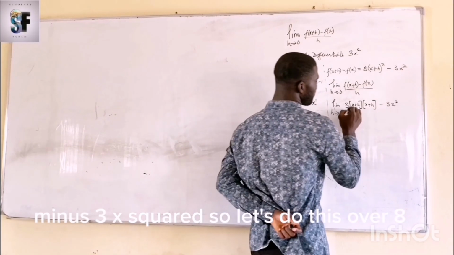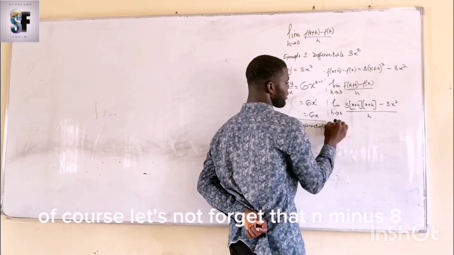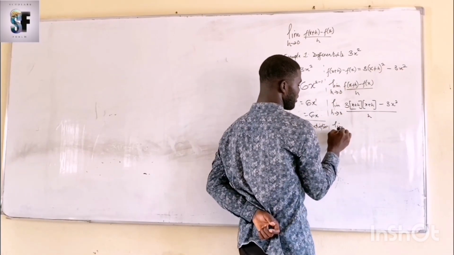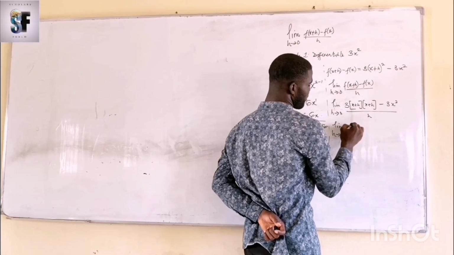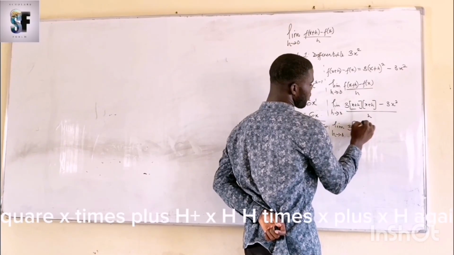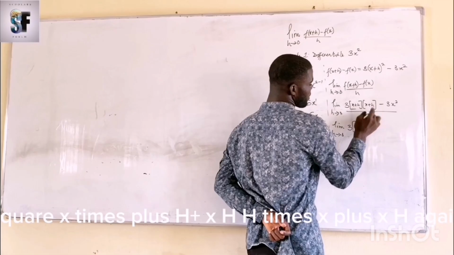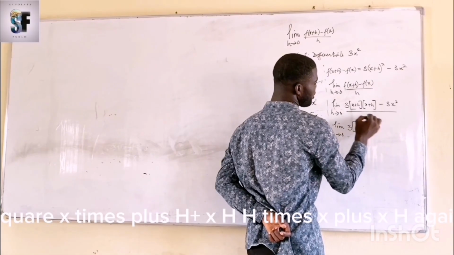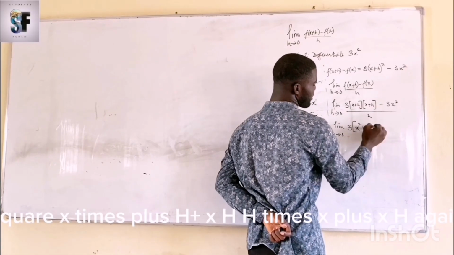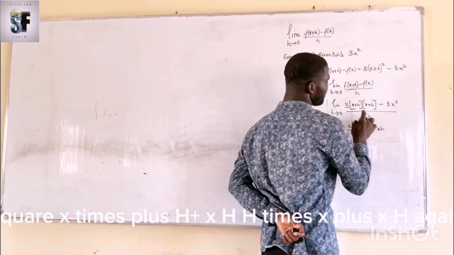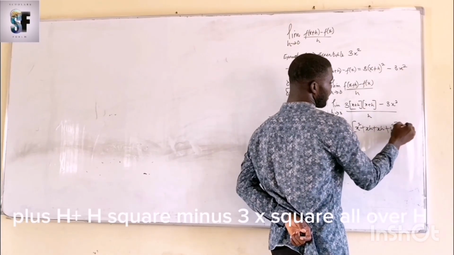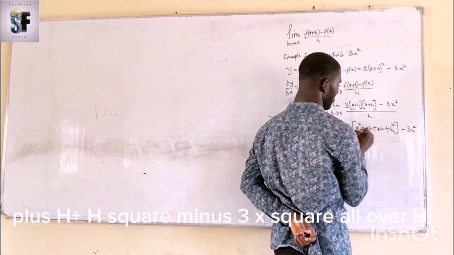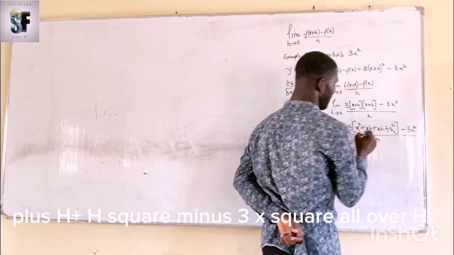So let's do this over h, of course. Let's not forget that. And h tends to 0, x times x, that's 3 into x squared, x times h plus xh, h times x plus xh again, and then plus h times h, plus h squared, minus 3x squared all over h.